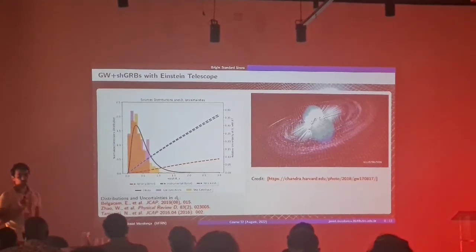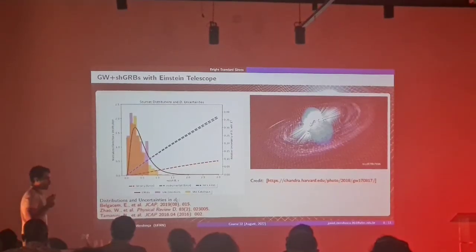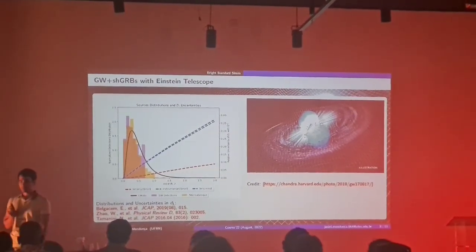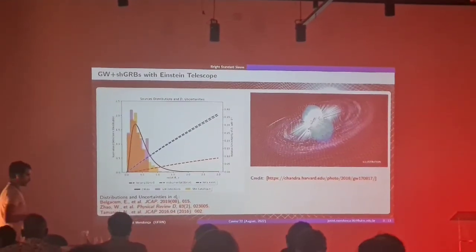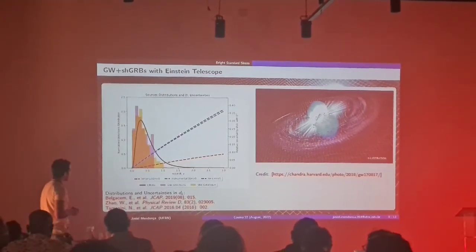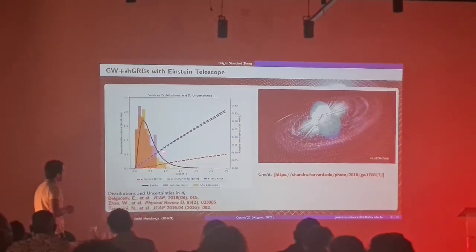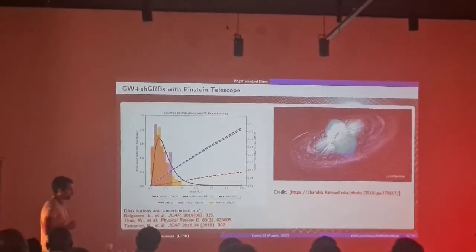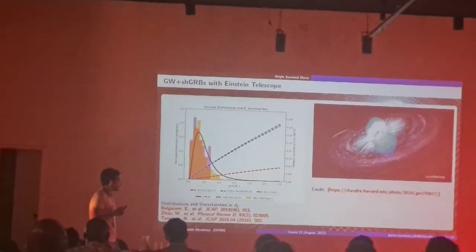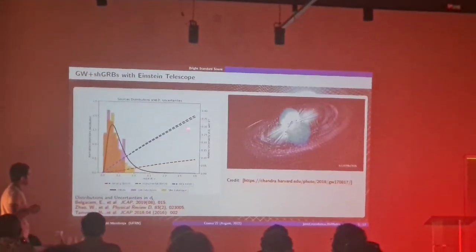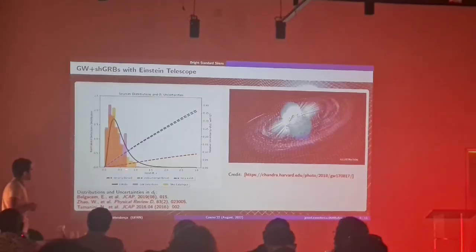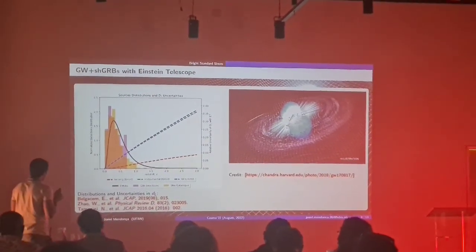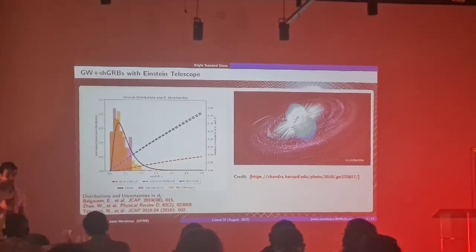We also have to have estimates of the precision in the measurements of the luminosity distance with the third generation gravitational wave detectors. This curve is the estimated uncertainty in the luminosity distance of binary neutron stars with respect to redshift. And this one is the error related to gravitational lensing.